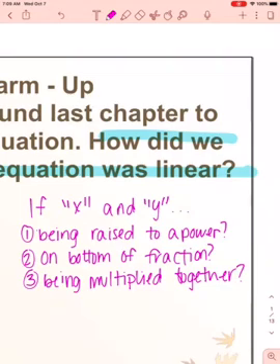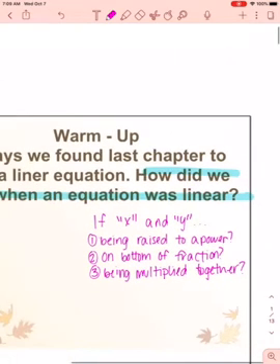Those were our questions that if you said yes to any of those, then it was not a line. But if you said no, no, no, then it was a line. Okay, so that's how we knew if something was linear.